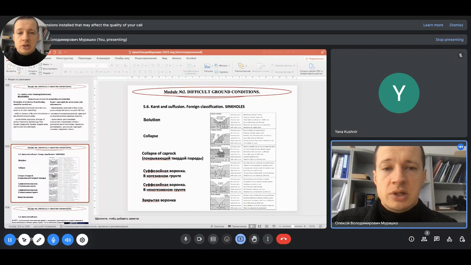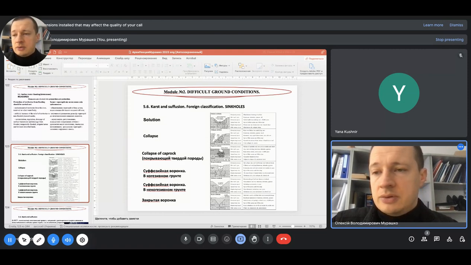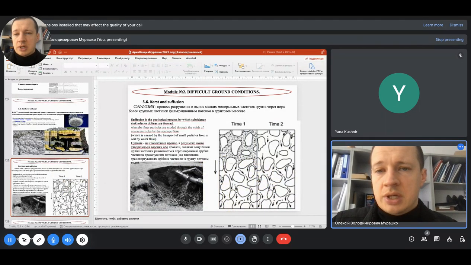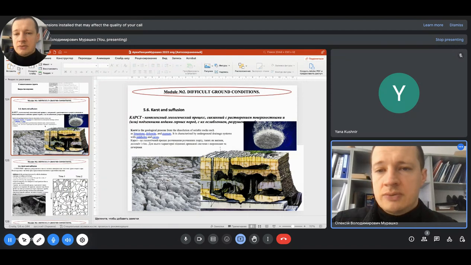So it's a solution sinkhole, and in some cases it can lead to such a result as a collapsing hole. Also, we can find such a result of sinkhole. In each case, we have to deal with water because water leads to such effects as karst and subfusion.